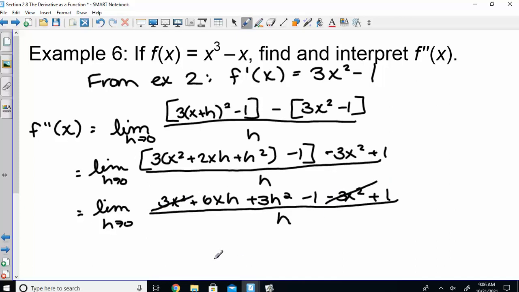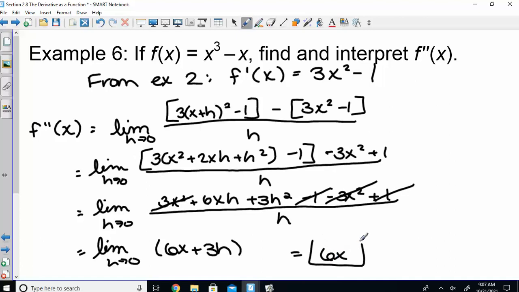Okay, then 3x squared and negative 3x squared cancel. Negative 1 and positive 1 cancel. I can divide an h out. So I get 6x plus 3h. Then if I plug in a 0 for my h, that just gives me 6x.